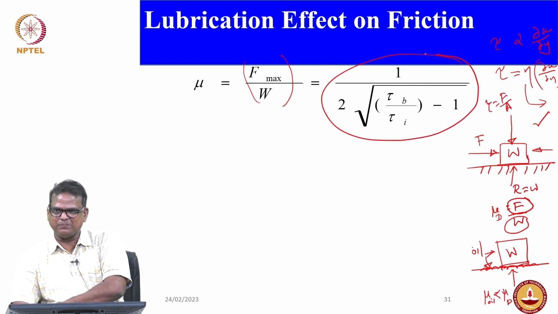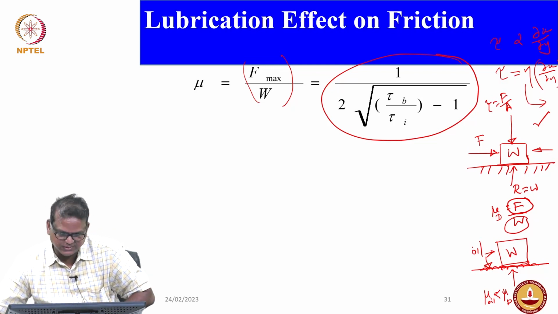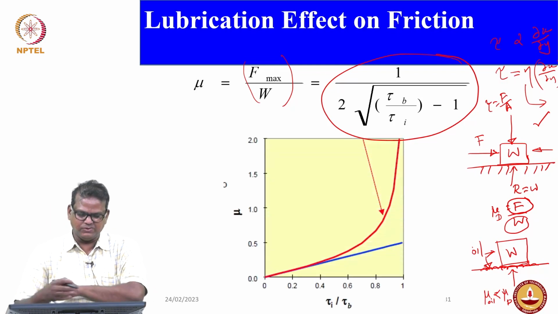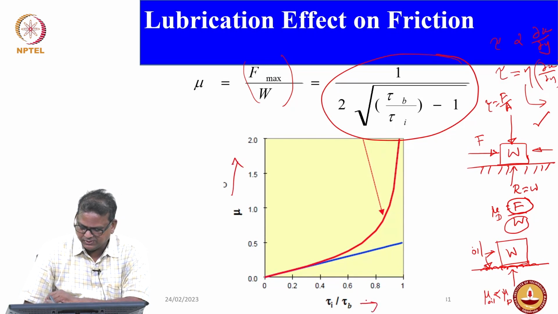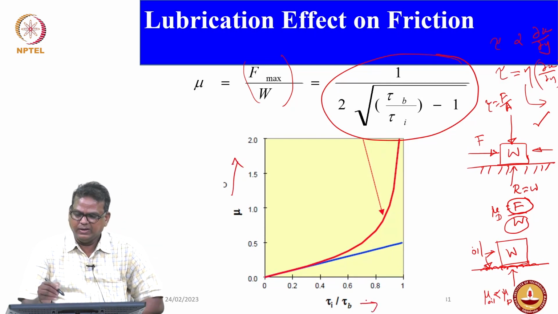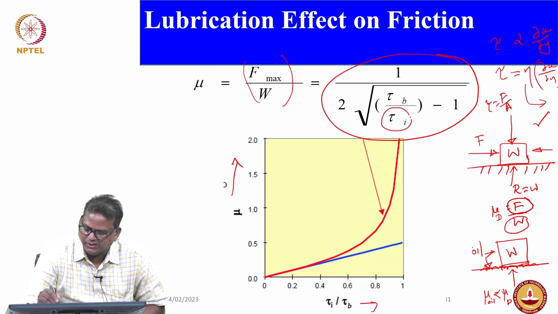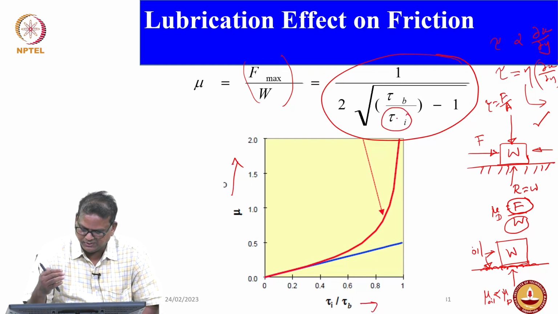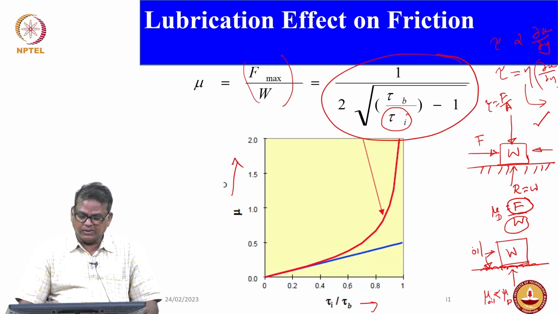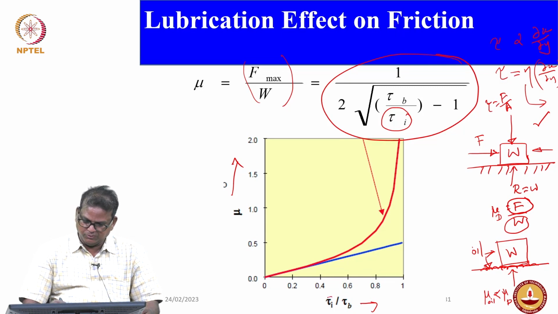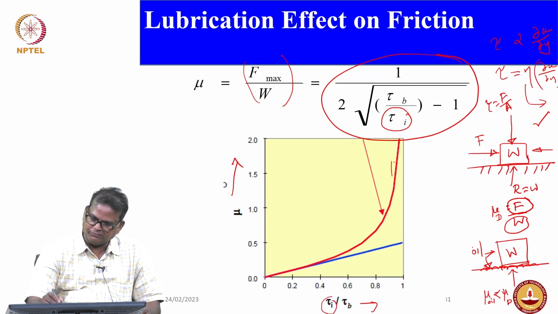Interestingly, this is the equation. You can see this is the coefficient of friction, and this is the shear strength of the bulk material, and I indicate the lubricant film interfacial length. So that's a ratio. Higher the shear strength of the lubricant, what happens to your coefficient of friction?